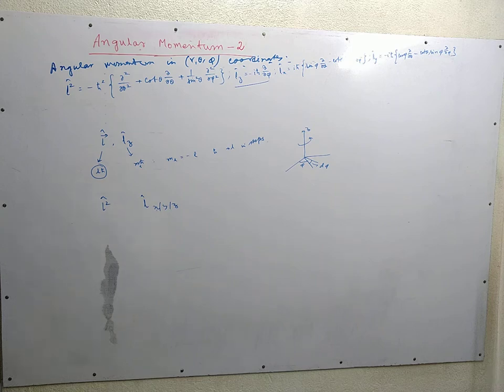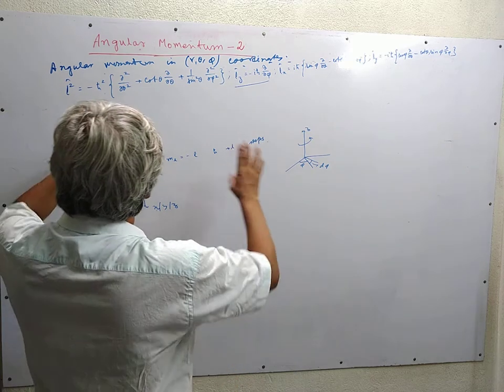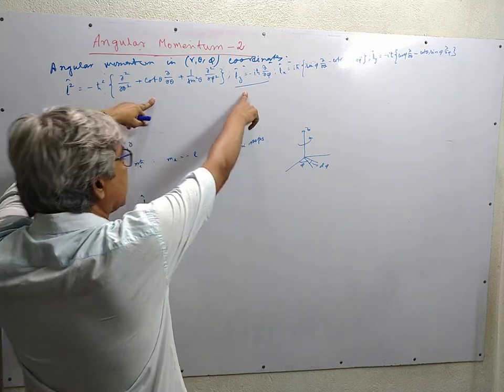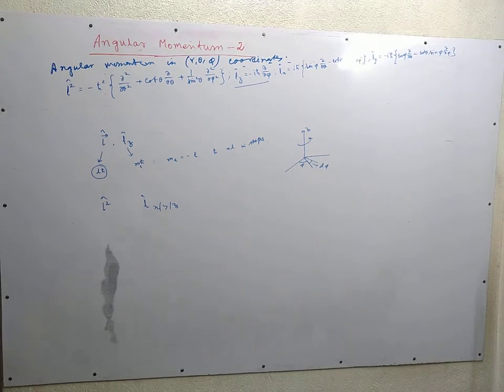Furthermore, the simultaneous eigenfunctions of L square and Lz are obtained in closed form, while the simultaneous eigenfunctions of L square and Lx, although they exist in principle, are not very easy to get.